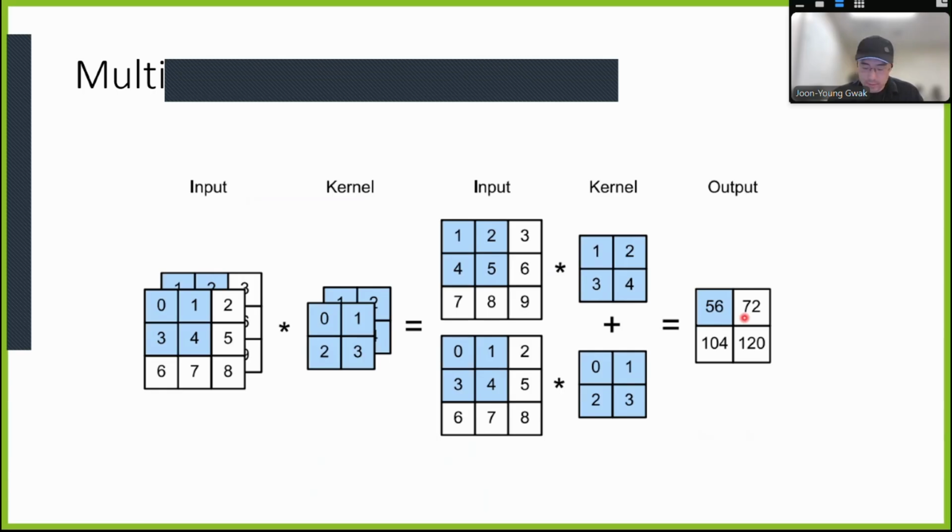Any questions? Since the kernel is being used for each input, you have two separate kernels for each input channel, right? Is that what comprises the filter?